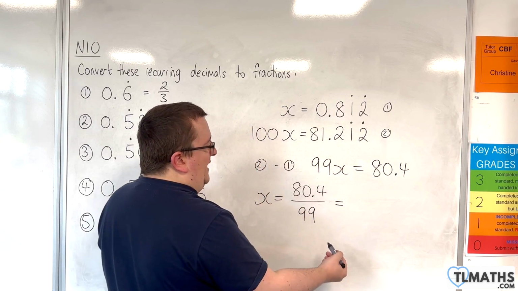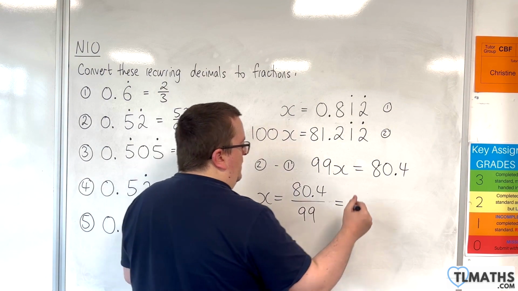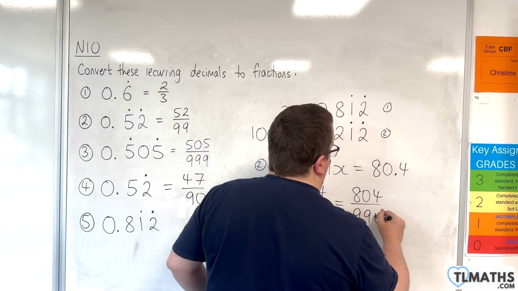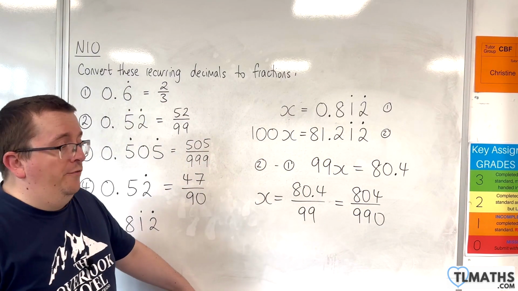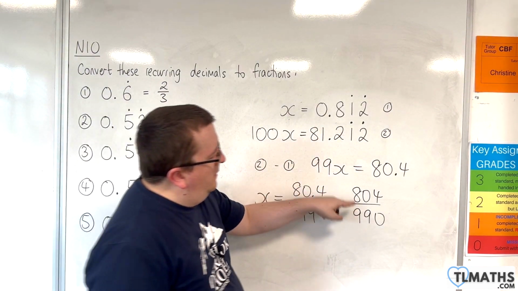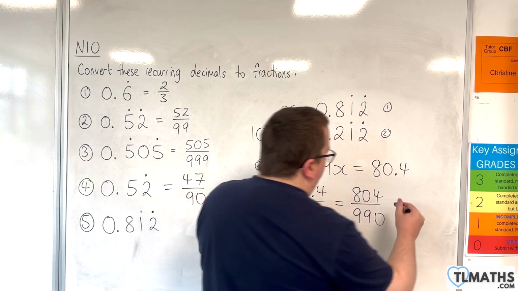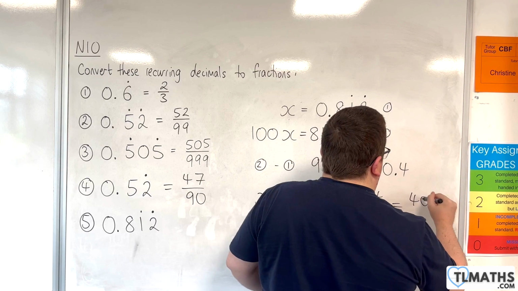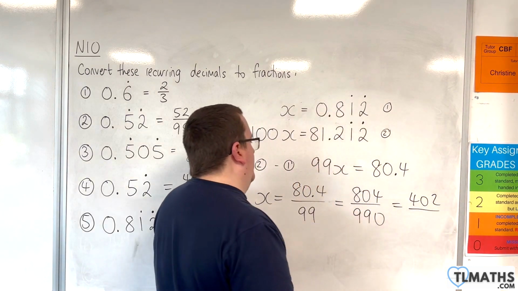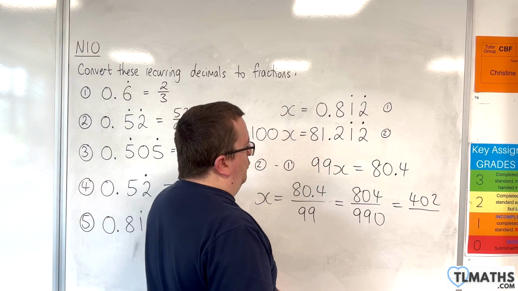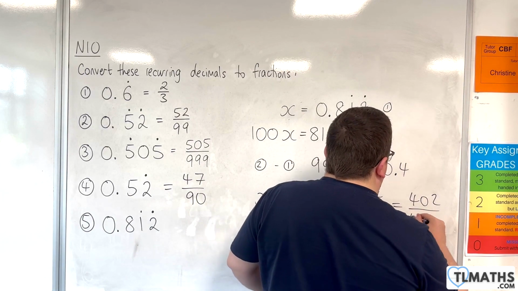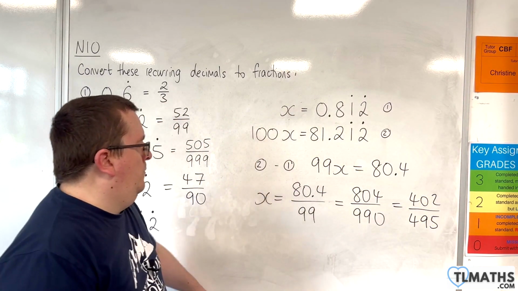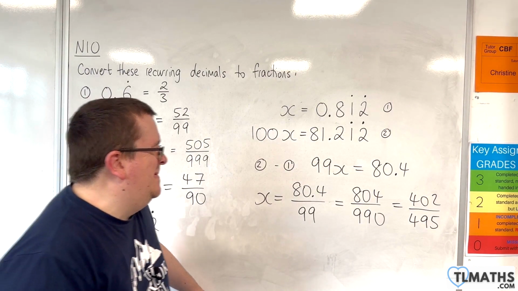Multiply top and bottom by 10 to get rid of the decimal in the numerator. 804 over 990. Now that fraction can be simplified. Top and bottom are even, so we can divide top and bottom by 2. So that'll be 402 over 495. Okay.